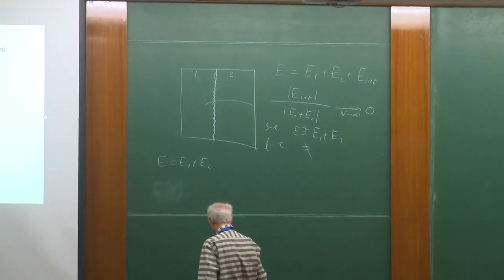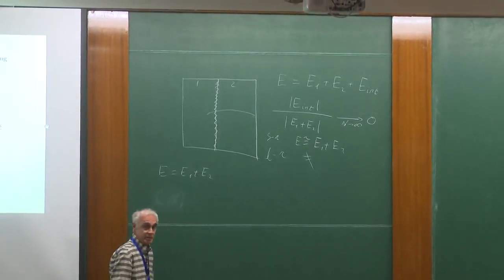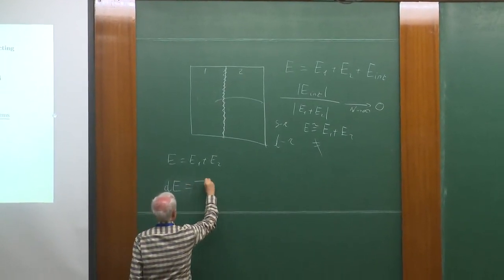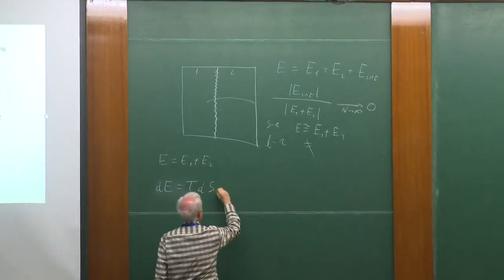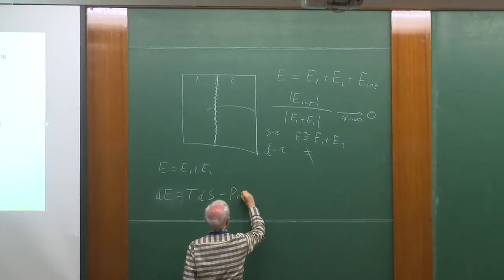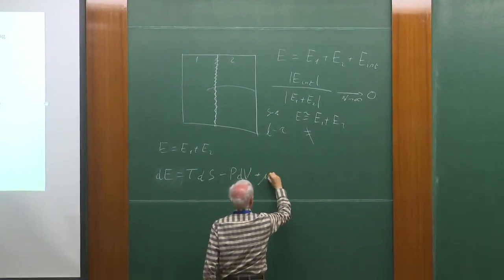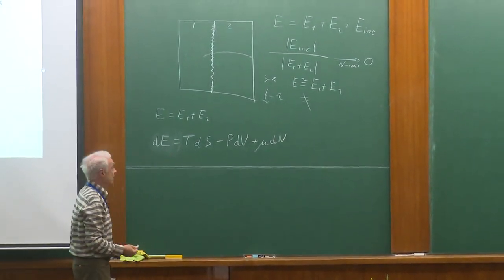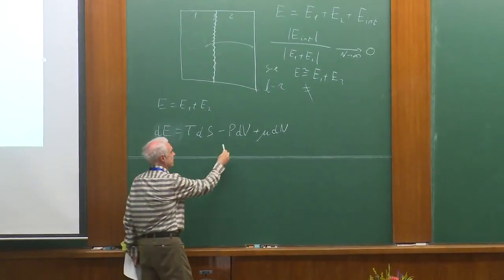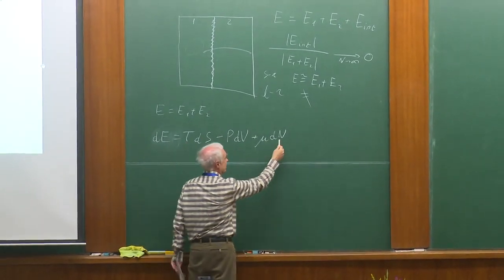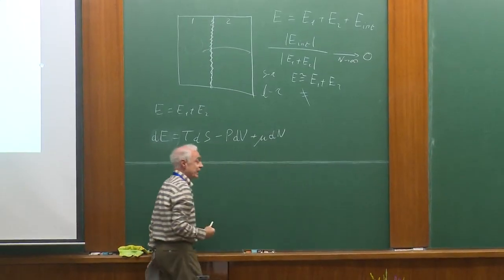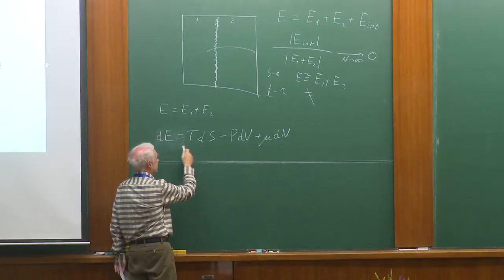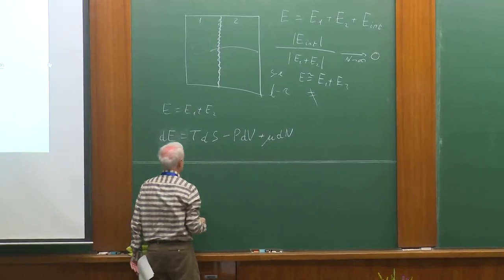And this comes practically from the first law of thermodynamics that you obviously know, where T is the absolute temperature, S is the entropy, P is the pressure, V is the volume of the system, N is the number of particles, and mu is the chemical potential. So you see that the natural variables with which you express energy are entropy, volume, and number of particles.